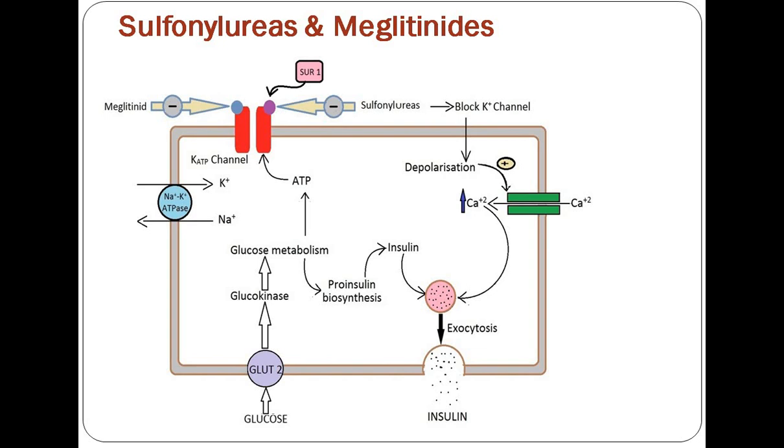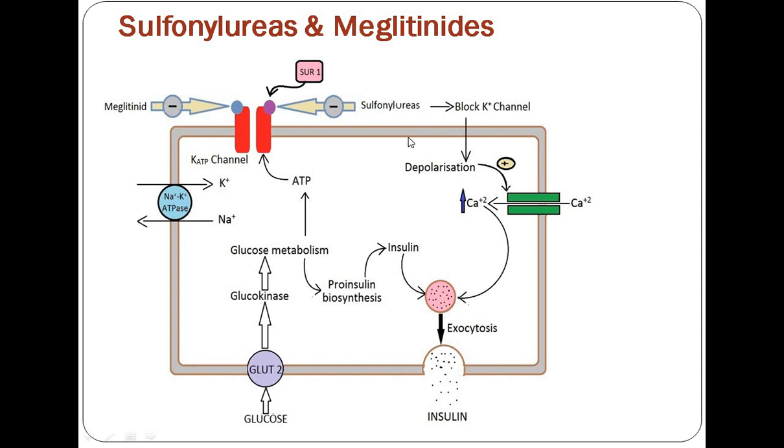Now if the potassium channel is blocked, what will happen? Potassium will not go outside, and that causes depolarization, because we know that if the positively charged ion goes outside, normal action potential causes hyperpolarization. Now the potassium channel is blocked, so it will cause depolarization.